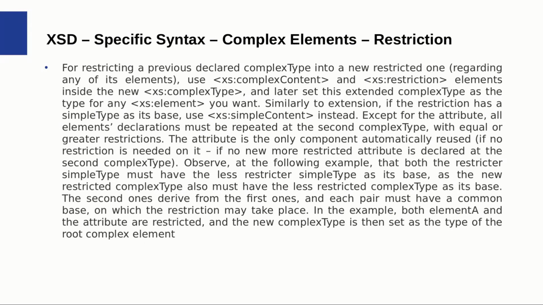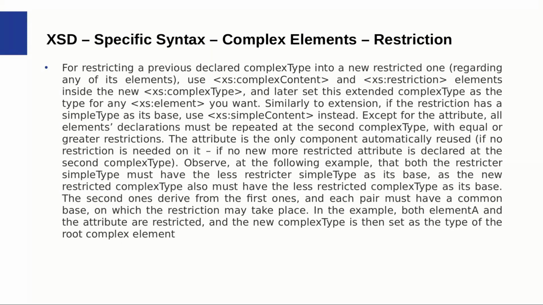So an important thing now, and a differentiation between the restriction and the extension elements, is that except for the attribute of the first complex type being restricted, all other element declarations must be repeated at the second complex type with equal or greater restrictions.